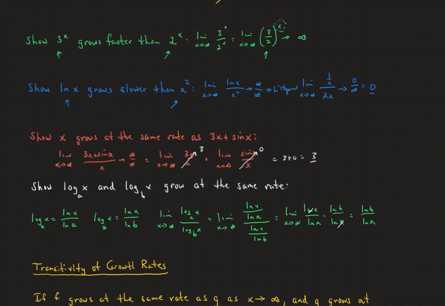Remember, those are both constants, so that's just going to be a constant, which shows us that these are actually growing at the same rate. They are the same order of magnitude.